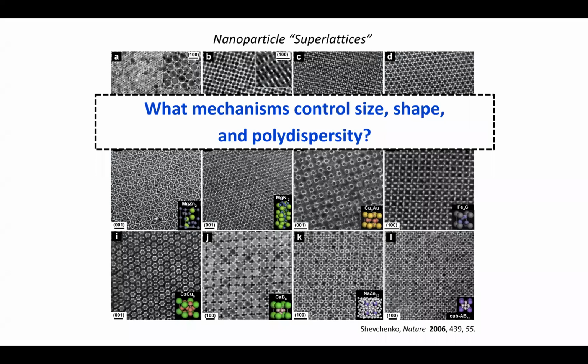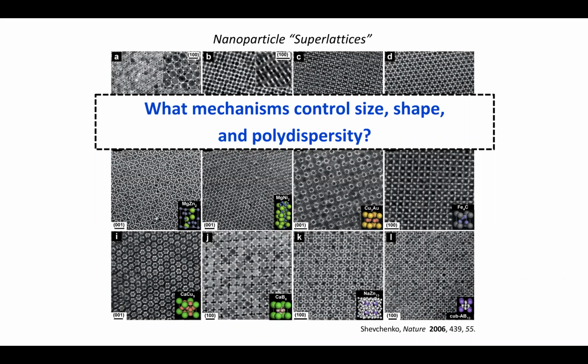This paper was done by Elena Shevchenko, she was here recently and gave a colloquium talk. She was a postdoc with Stephen O'Brien here at Columbia when she did this work. And I love this picture primarily because it really speaks to the diversity of materials that arrive in this state.